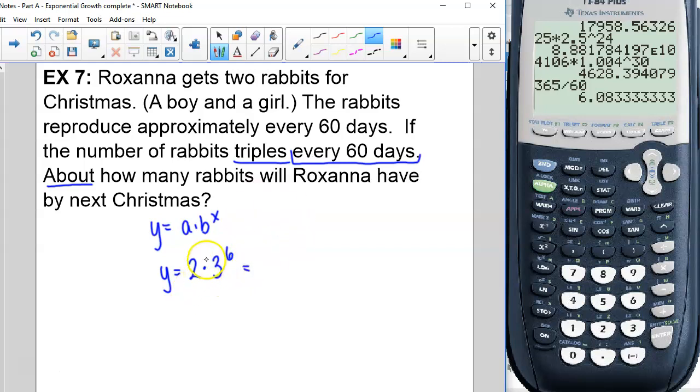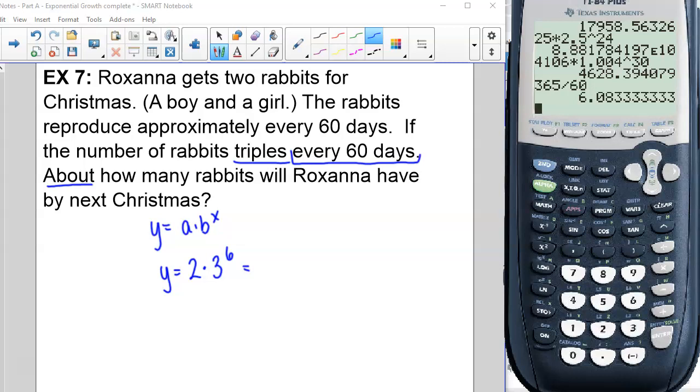You've got 6 60-day periods or a little bit more. So, you've got 6 breeding periods. It takes 60 days for them to have the first litter of rabbits. Then, after another 60 days, all those rabbits are going to have more rabbits.